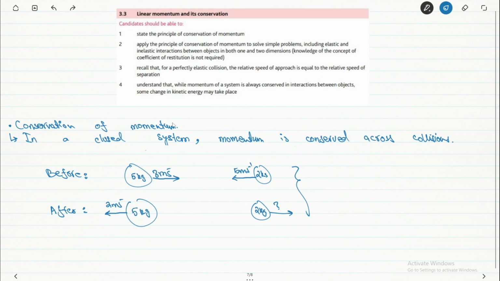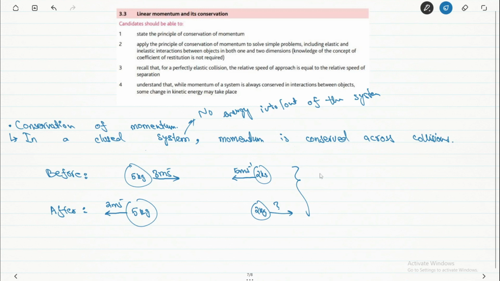The principle is that in a closed system, which means no energy is being introduced into or leaving the system, momentum is conserved across collisions.